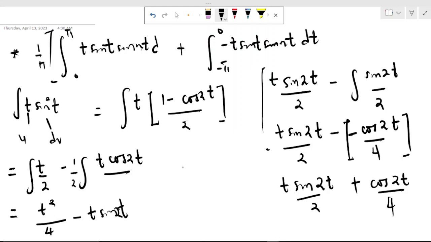So we have t sine 2t over 2 minus cos 2t over 4. So let me write this clearly again.